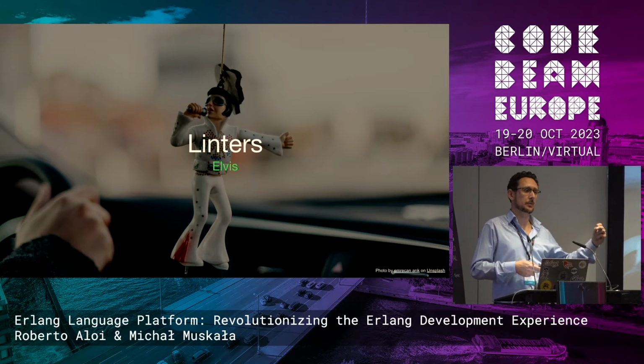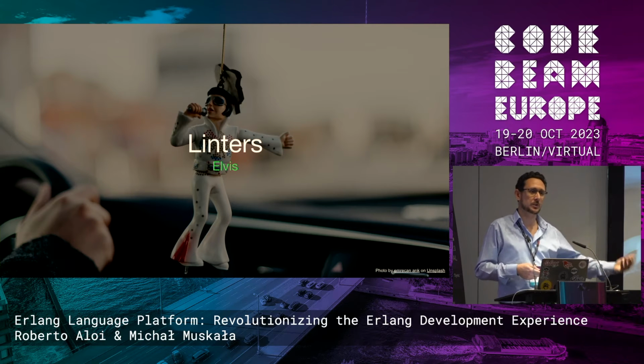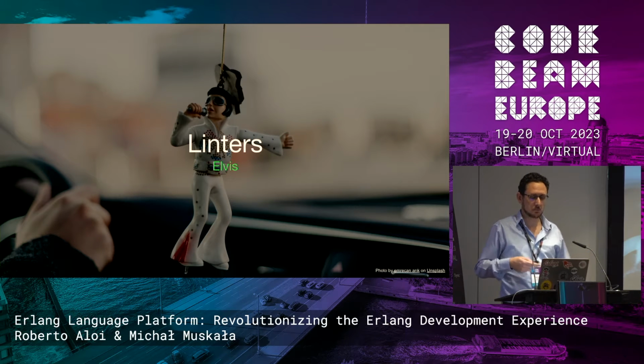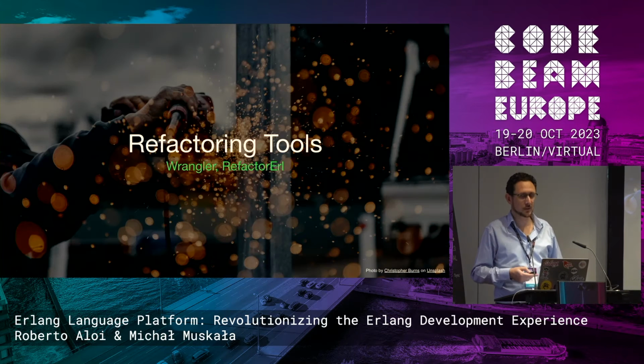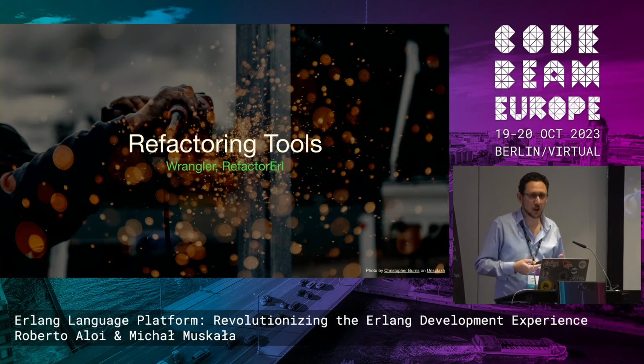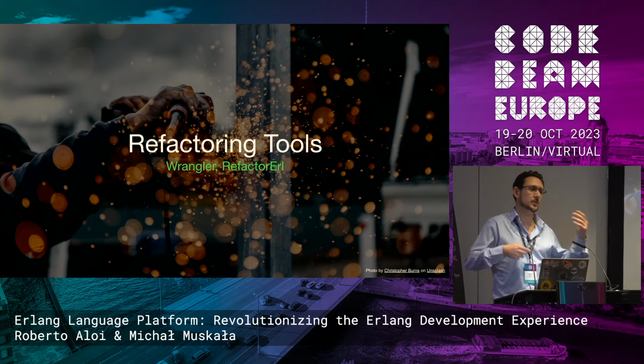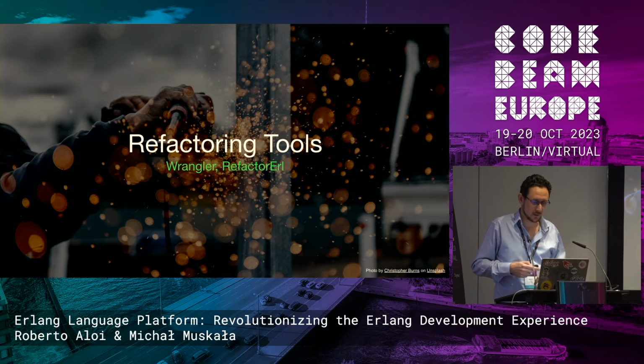So if you have duplicated code in a module, Elvis will tell you this is duplicated, but it doesn't offer the functionality to fix that problem and maybe refactor it in an external tool. It's out of scope. On the other hand, we have other tools that can do exactly that. Projects like Wrangler or Refactor are refactoring tools, so they allow you to do things like inline function, extract function, inline variable, and all sorts of things.